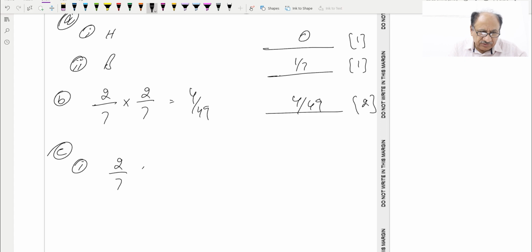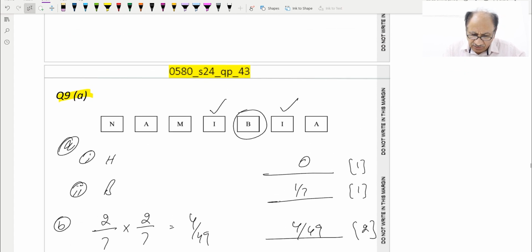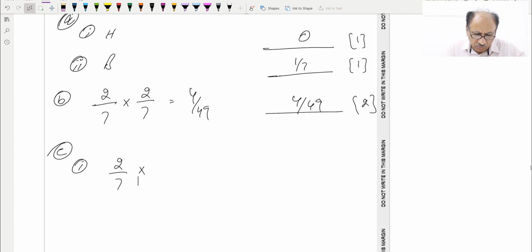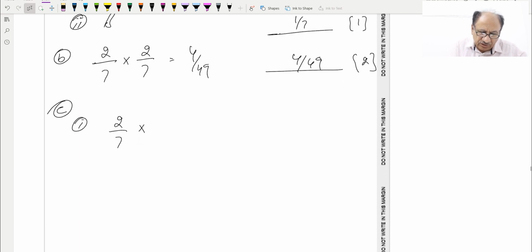Now for the second card, which is supposed to be N, is only 1 out of, now remaining are 6 cards, because one is gone out, which is not replaced. Or it can be first N and the second will be I. So the other option will be 1 by 7 and 2 by 6.